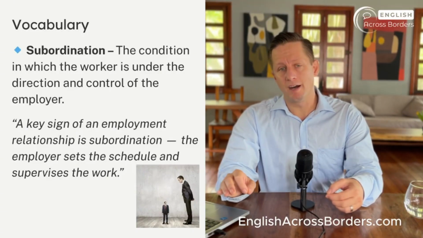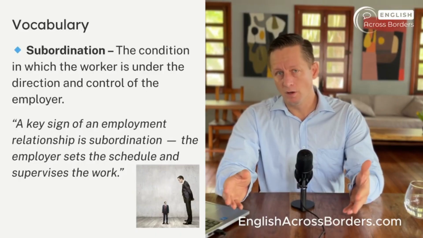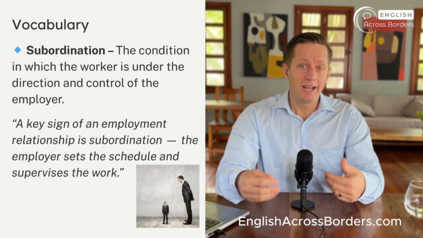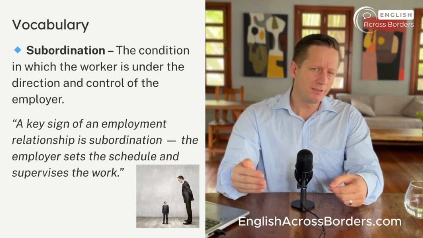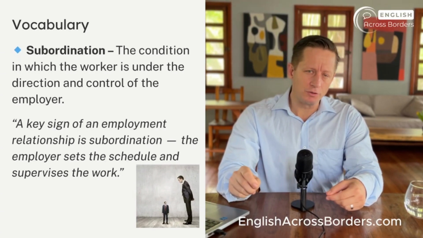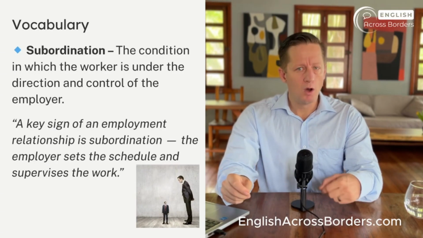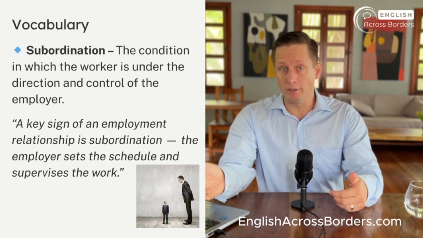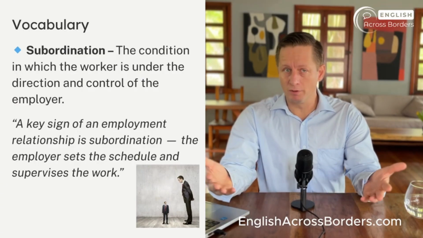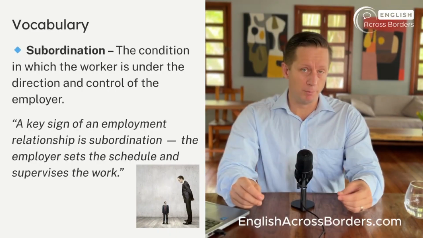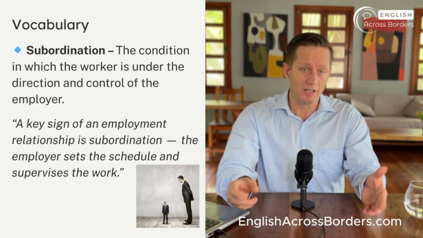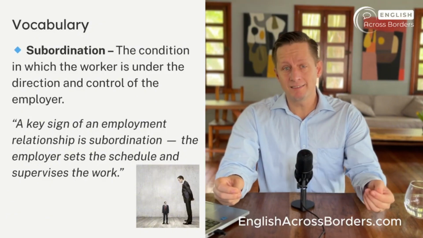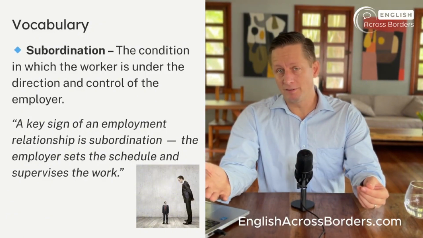The employer decides what work is done, when, and how, and the worker follows those instructions. In plain terms, if someone tells you what time to show up, what to do, and how to do it, you're in a subordinate relationship. For example, a key sign of an employment relationship is subordination. The employer sets the schedule and supervises the work.